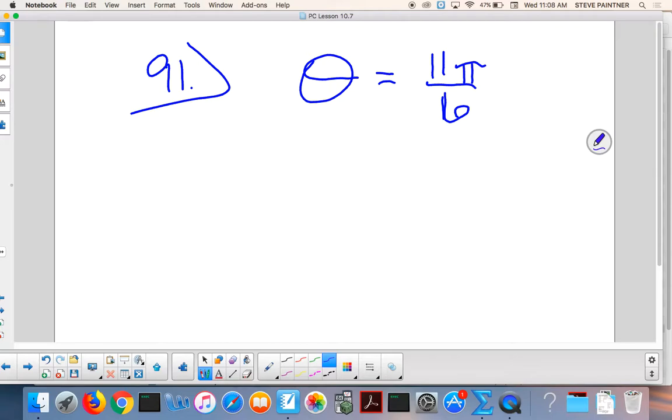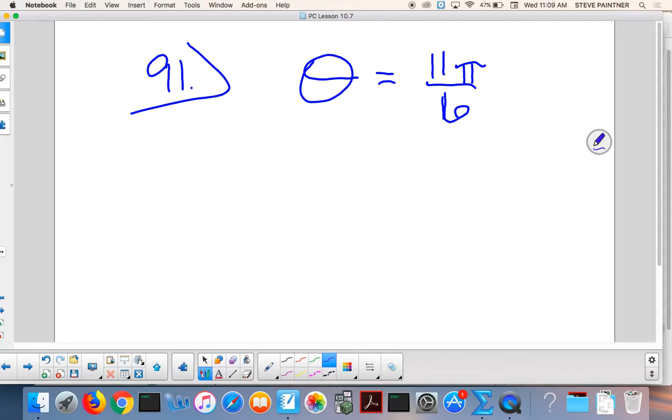Get rid of r's and thetas, make it x and y. Okay, it's hard to get rid of theta.